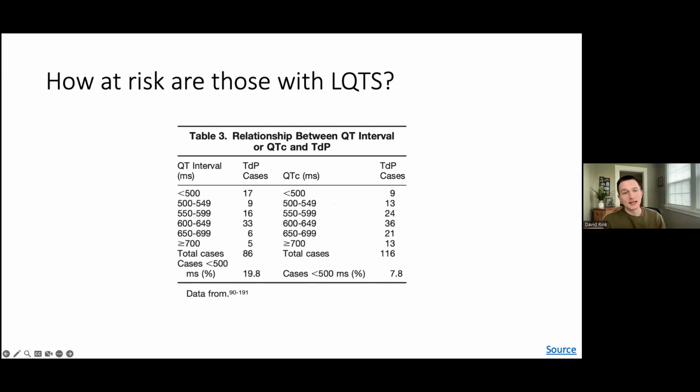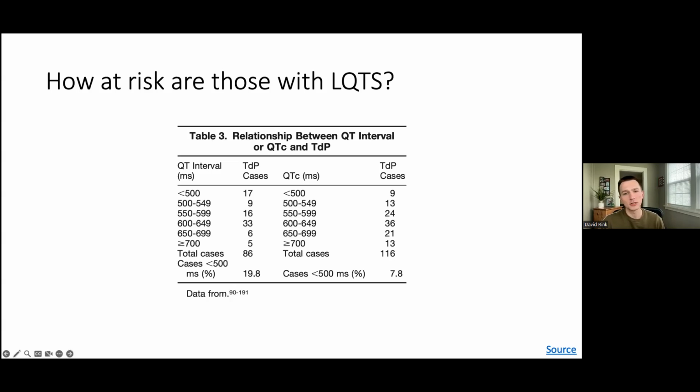From that same study, they then tried to stratify based on the actual degree of prolongation and come up with some sense of what the absolute threshold of risk is for torsades. It's pretty difficult to say, but the data here suggests that individuals with a measured QT value exceeding 500 milliseconds were at the greatest risk.